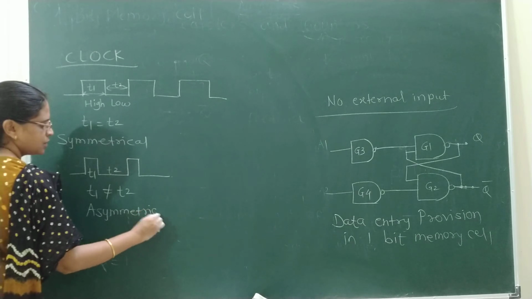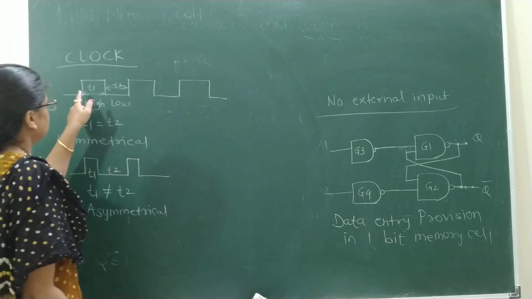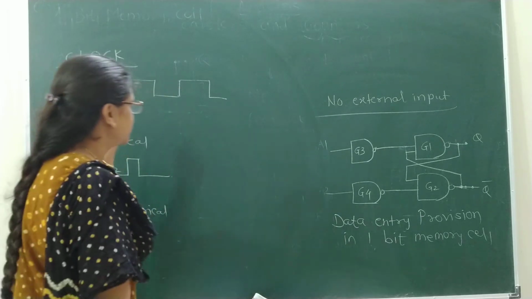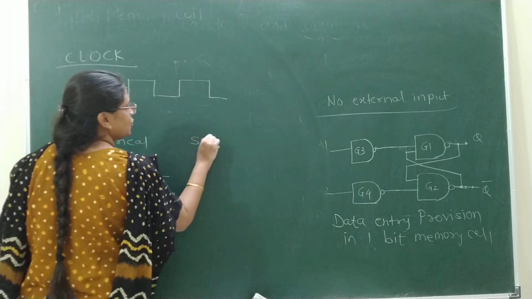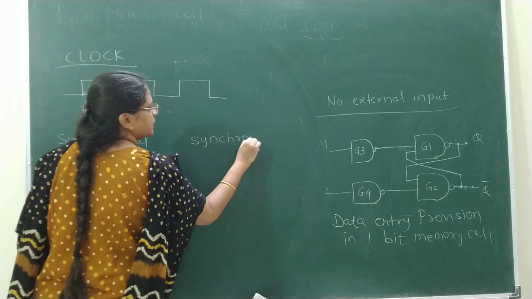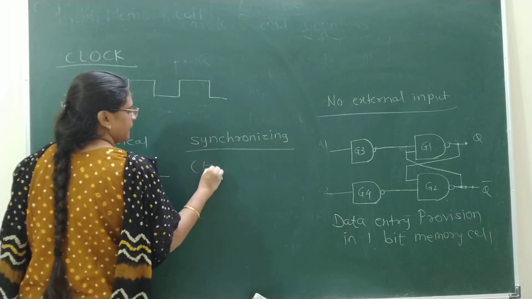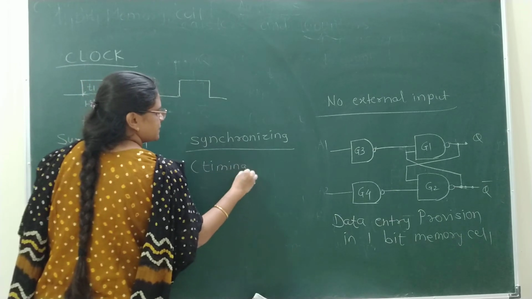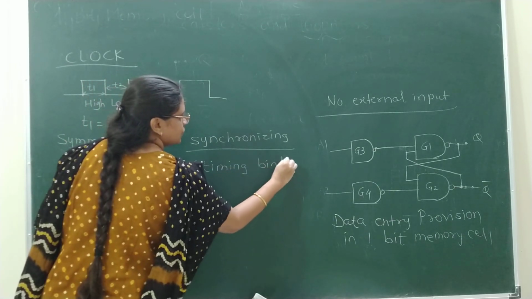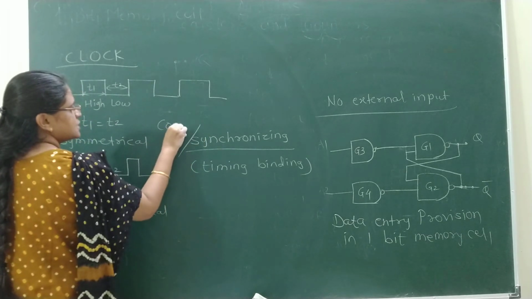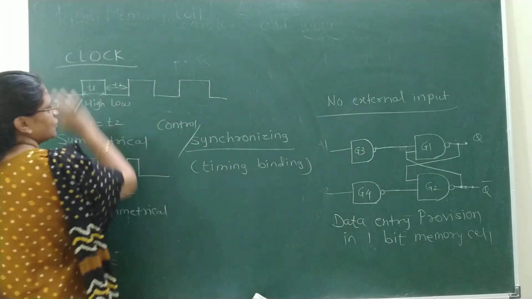So what is a clock? Clock is a periodical train of high and low states which can be used as a synchronizing signal. It means there is a time restriction, a time binding, for logic circuits, and that is known as the synchronizing signal or the control signal, which is nothing but the clock.